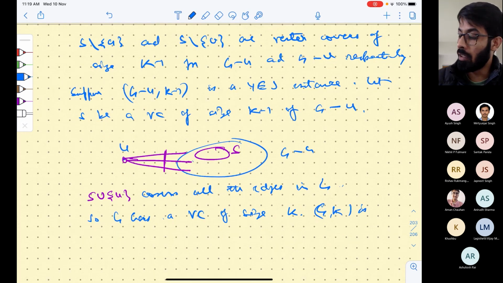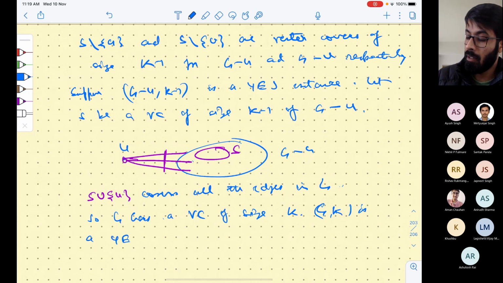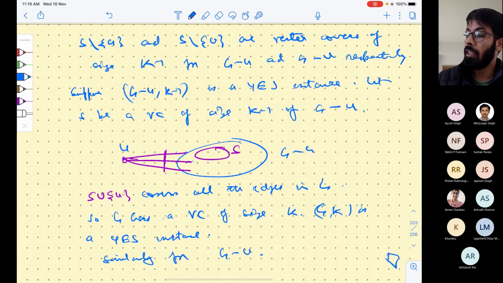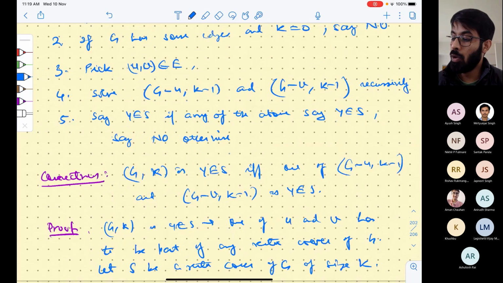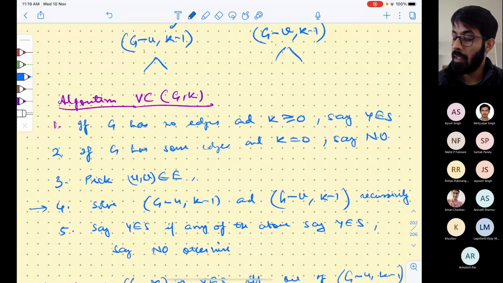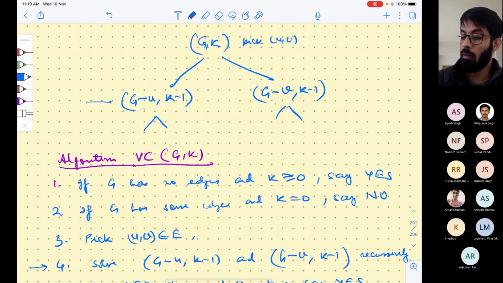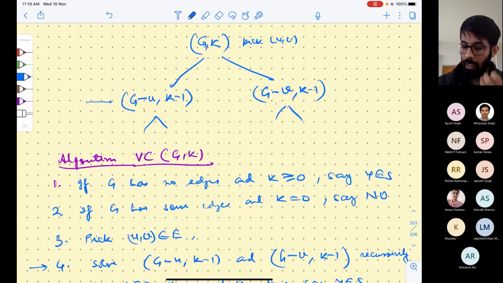And similarly, you can show for the other one, for v. This shows the correctness, that you just need to branch into these two things. If one of them says yes, then you say yes, otherwise you say no.